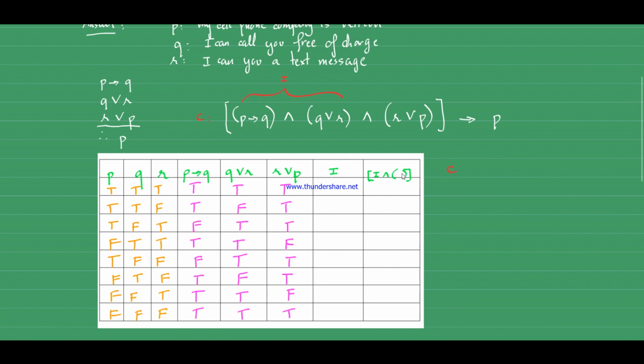I is the intersection between P imply Q and Q or R. So laptop, computer, laptop, computer.